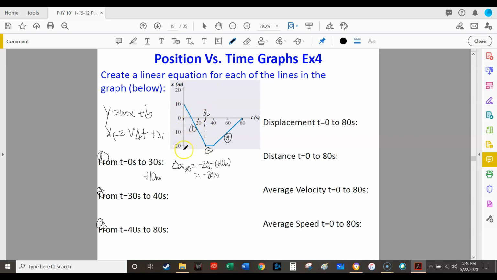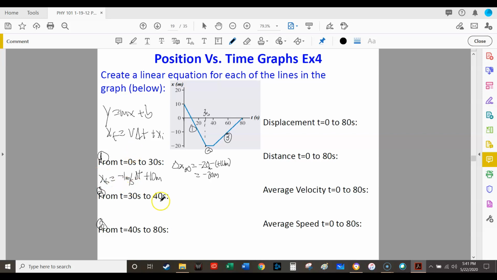So negative 30 divided by 30 is negative 1 meter per second, times delta t, and that's the prediction equation for the final position, x final.